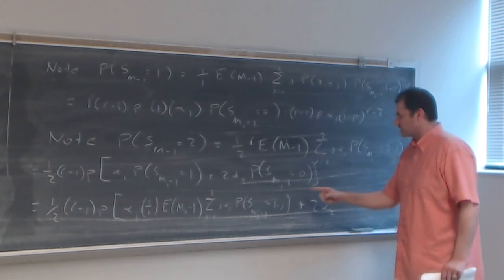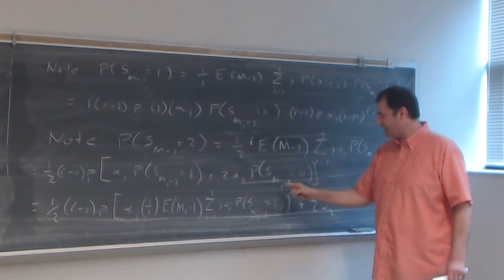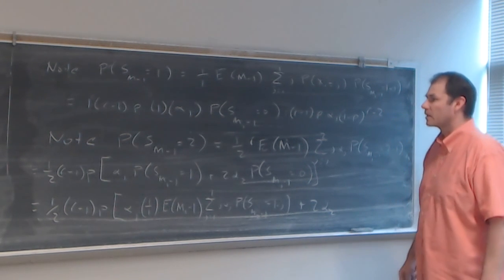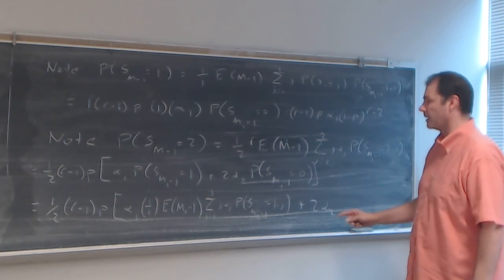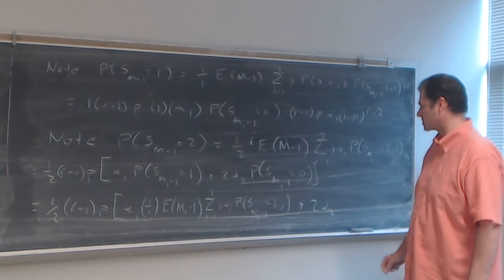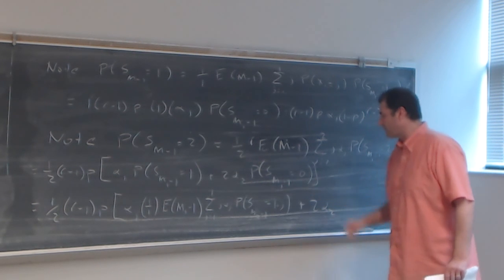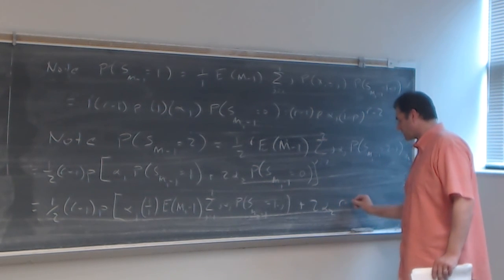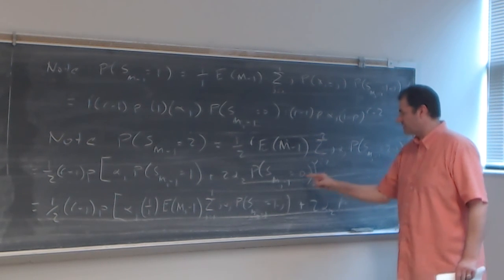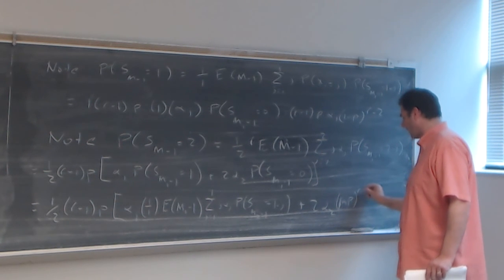Now this guy is, okay, so let's see. N has parameters r and p. M has parameters R, or M minus 1 has parameters R minus 1 and P. M sub 1 minus 1 has parameters R minus 2 and P. So the chance that this is equal to 0, again, is 1 minus P to the R minus, I think, 3.